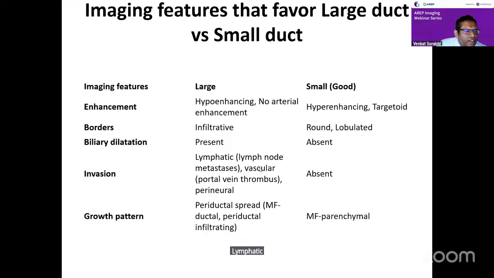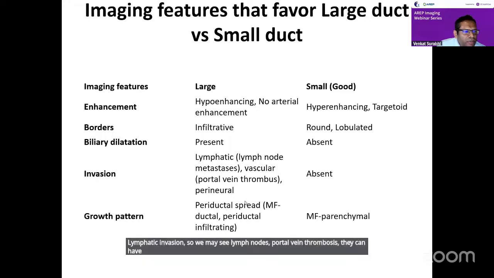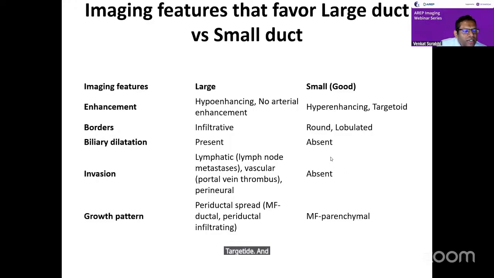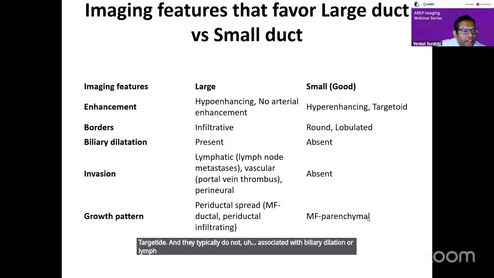So we may see lymph nodes and portal vein thrombosis. They can have a mass forming as well as periductal pattern of spread. Whereas small duct type tumors are typically arterially hyperenhancing, at least rim hyperenhancement, targetoid, and they typically are not associated with biliary dilation or lymphadenopathy, and the typical growth pattern is mass forming type.